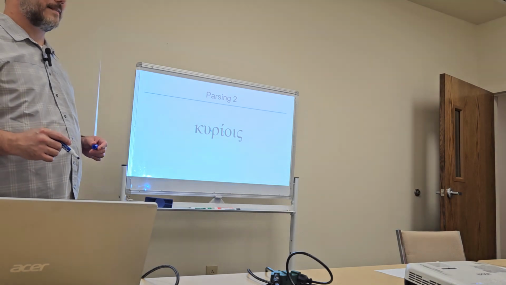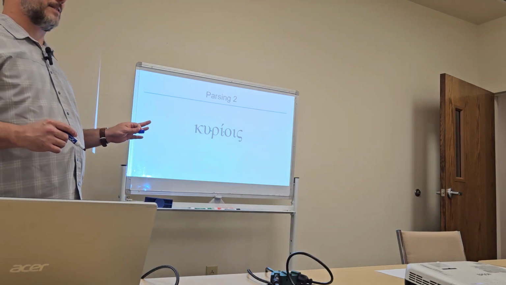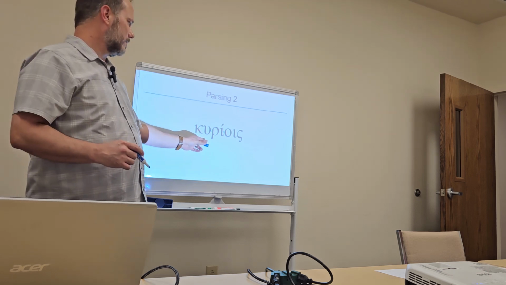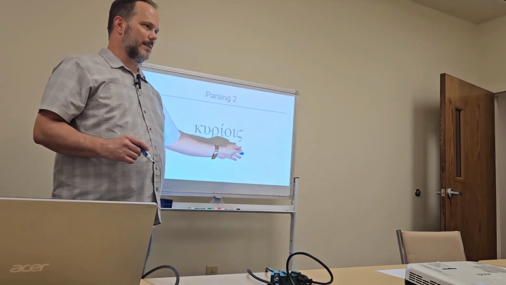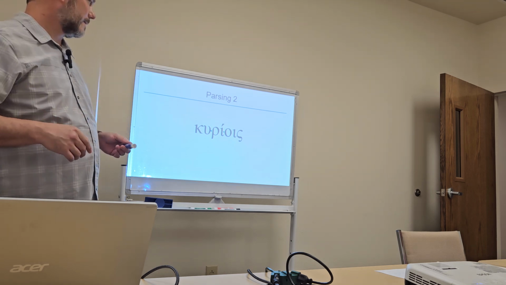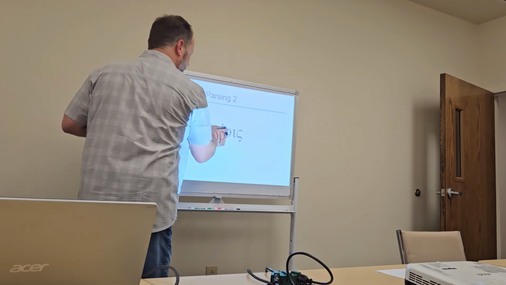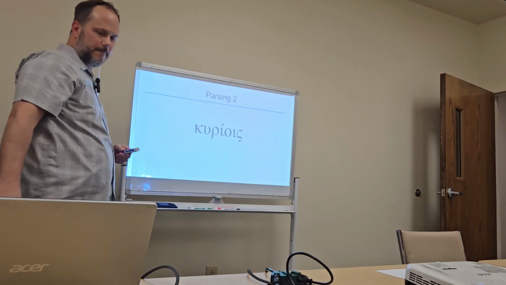Want to give it a try now? No, you're adding a vowel. Ku, ri, ois. Kuriois. Yeah. All right, and Rachel, you want to give a stab at what case this is in?